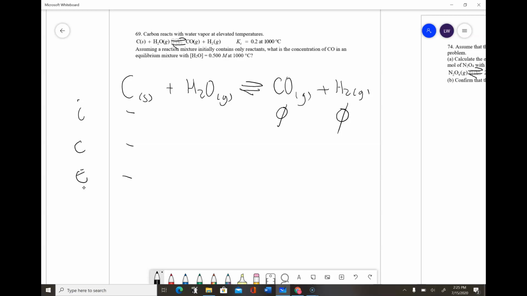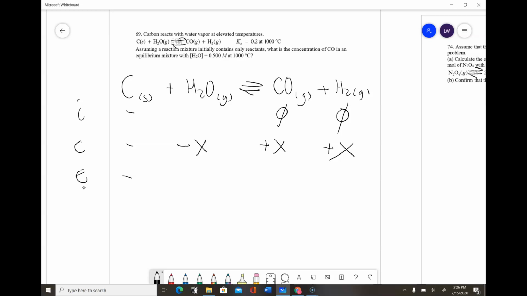So how are things going to change? Well, what's going to happen is that the concentration of the water is going to go down by some amount X. The concentration of the carbon monoxide will go up by X, and the concentration of hydrogen will go up by X. Now we know that the reaction will move towards the products here because it has to.